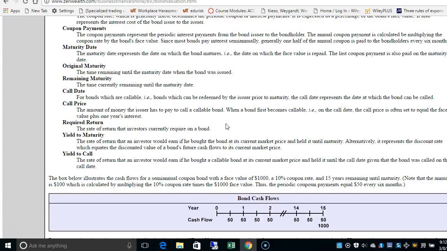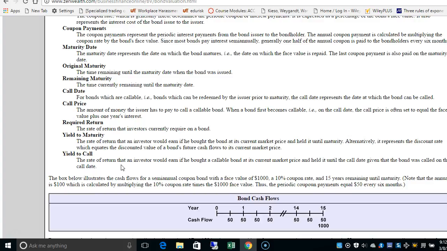The yield to maturity is now calculated and discounted to give you what your real rate of return as an investor would be.